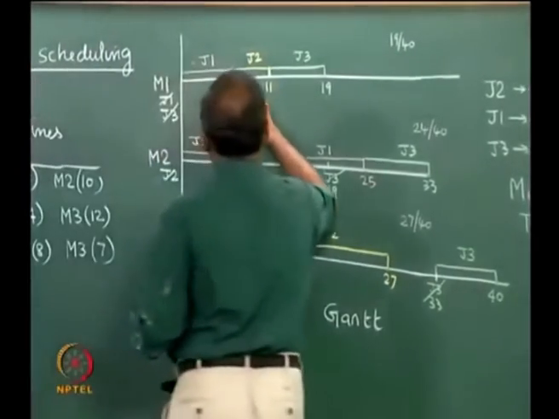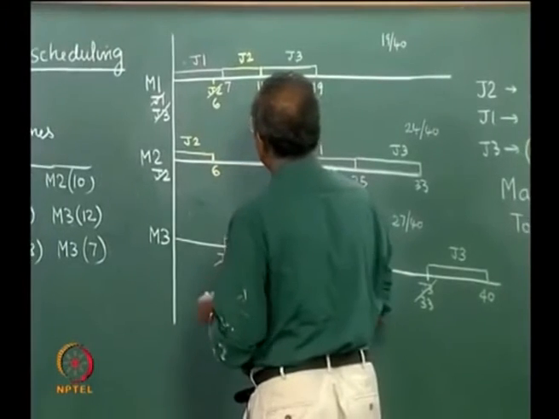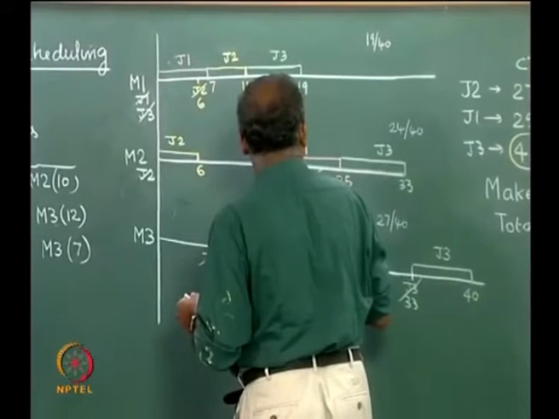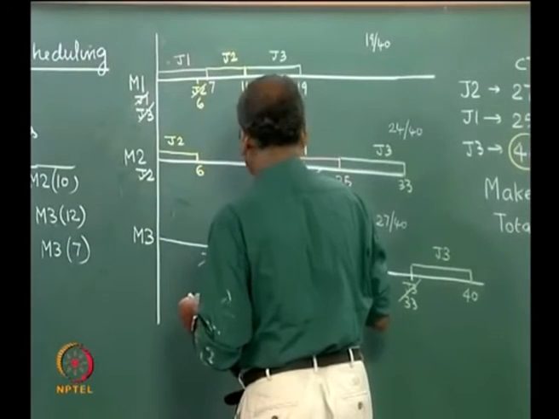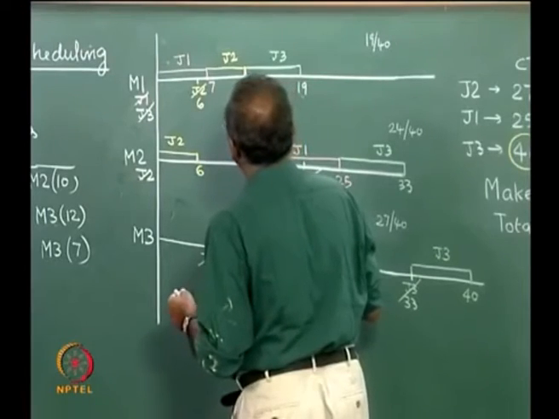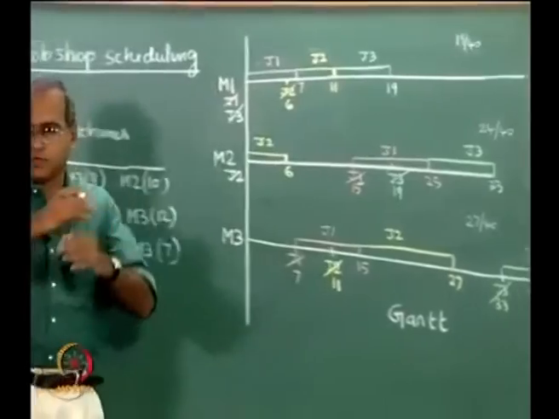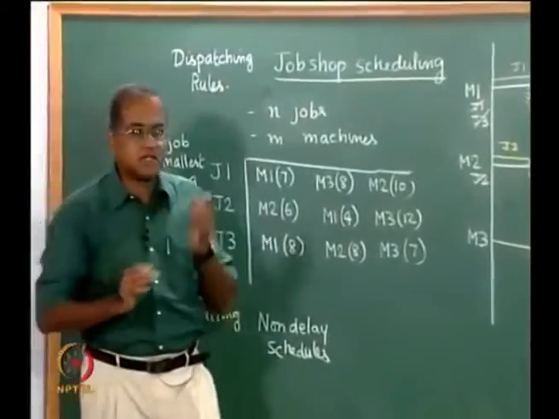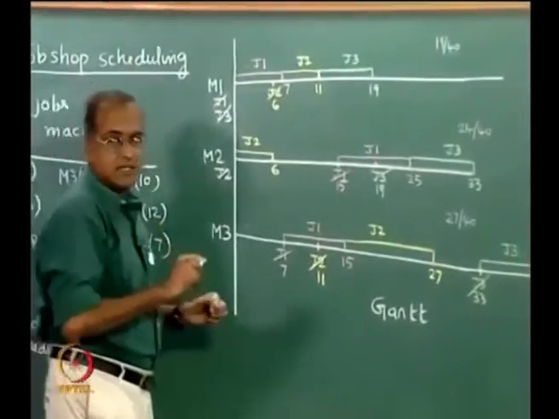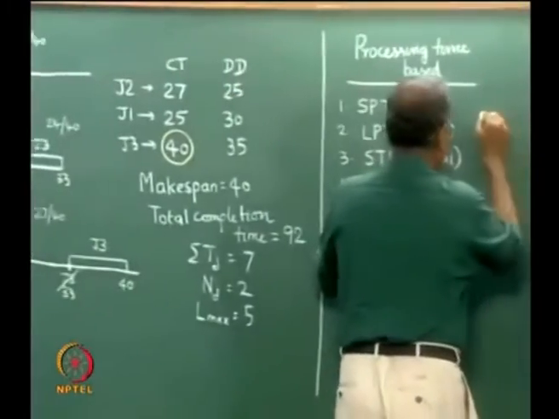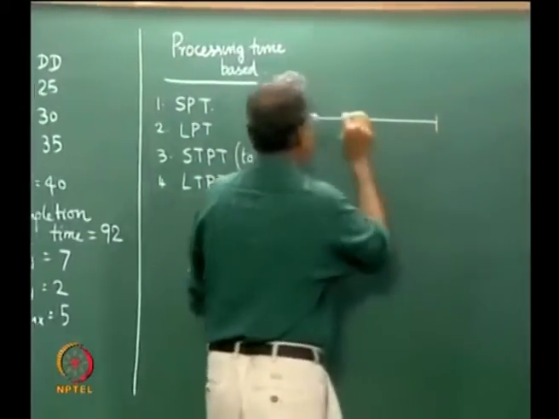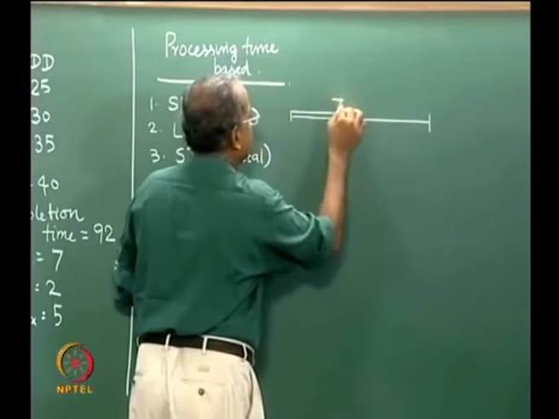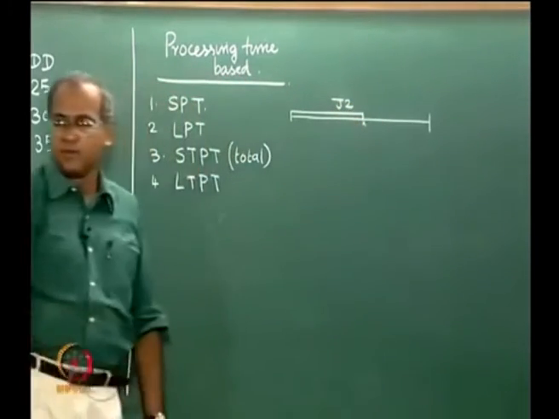let us say we were here. In this chart we are not able to encounter that situation except in the front, but let us have a situation where somewhere in the middle, let us assume that we are in a particular machine, let us say we are here and a particular job has just finished processing, let us say J2 has just finished processing here.